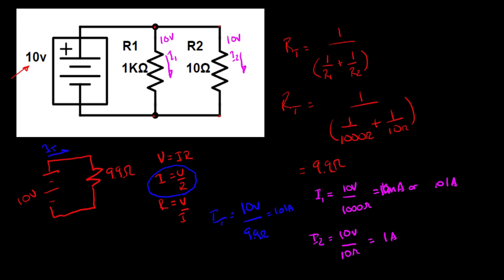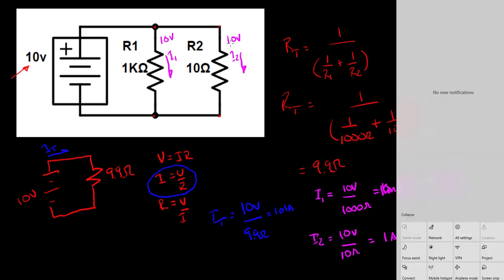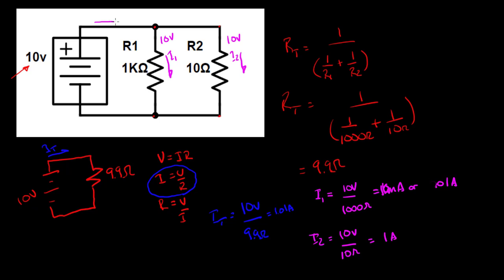Now, Kirchhoff's current law says that the current flowing down through here, I2, plus the current at I1, is I total. So this is my I total, equal to I1 plus I2.